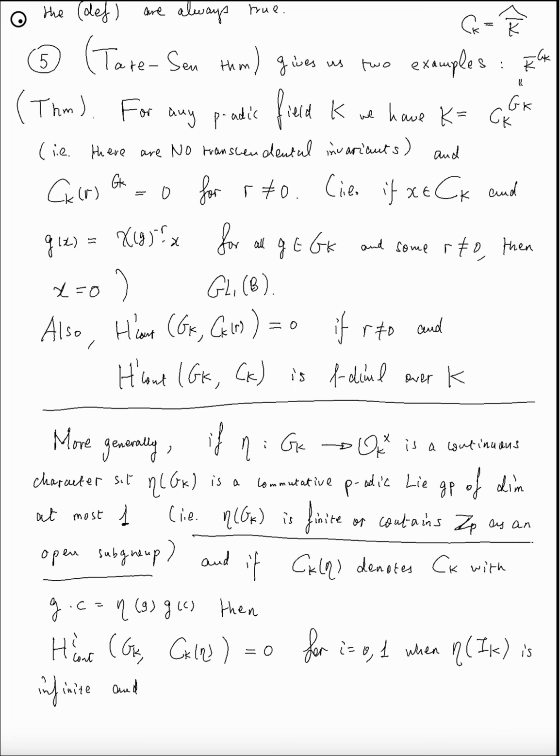And these cohomologies are one-dimensional over K when this image is finite, so this I_K is the inertia group of G_K.